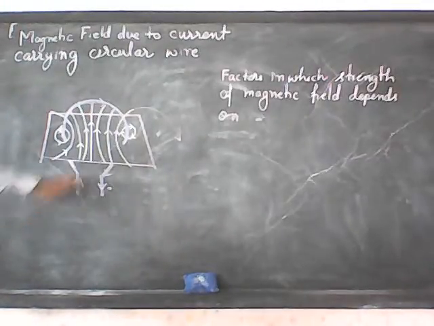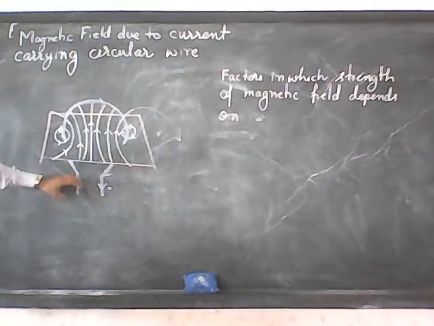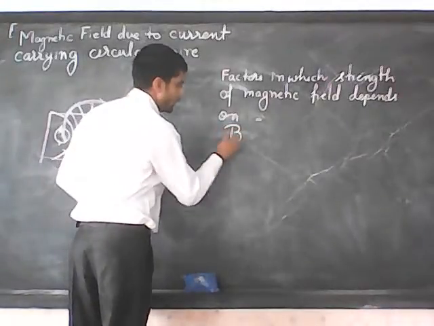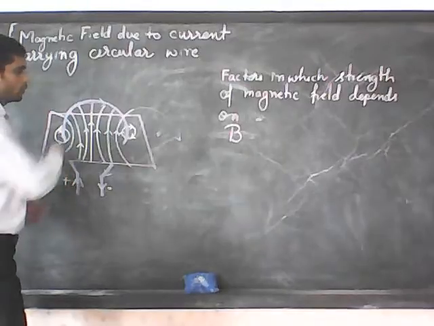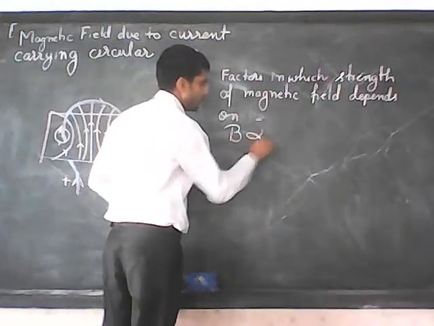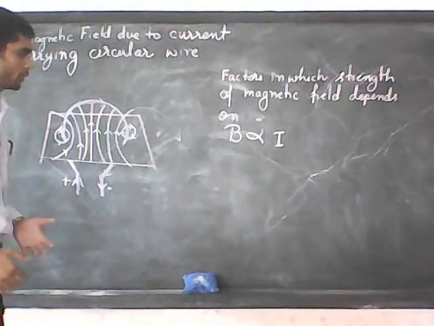The very first, since it is a form of circular loop and the current is flowing, the magnetic field will be denoted by B. The more current flows, the more the magnetic field will be. Means the magnetic field will be directly proportional to the current flowing through it.